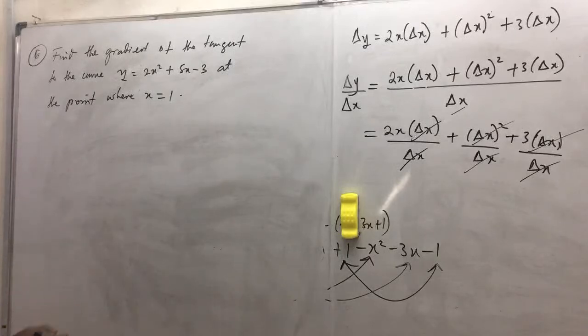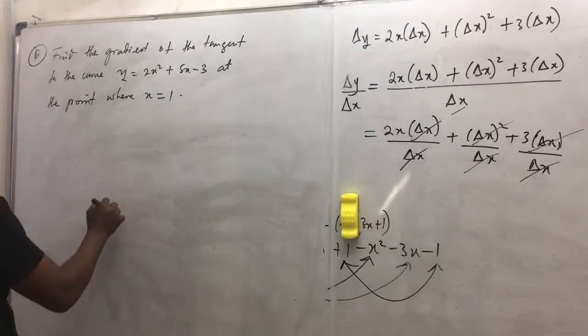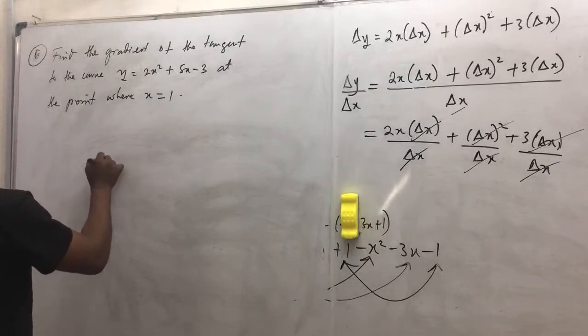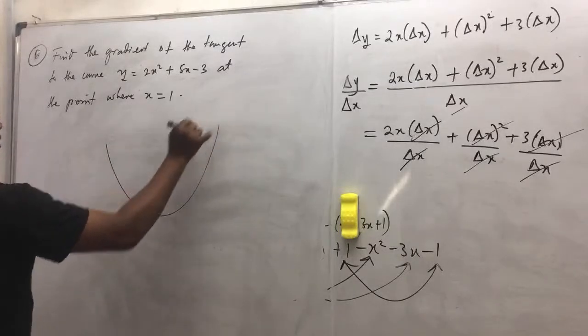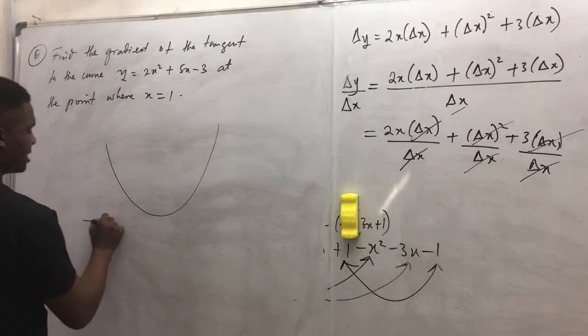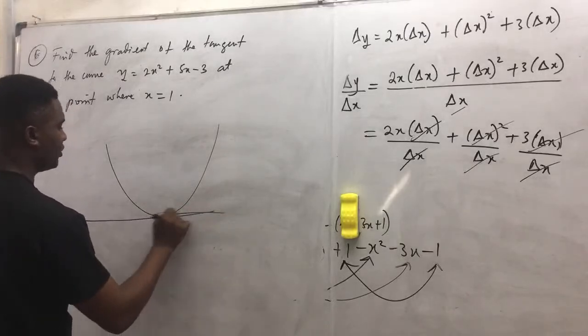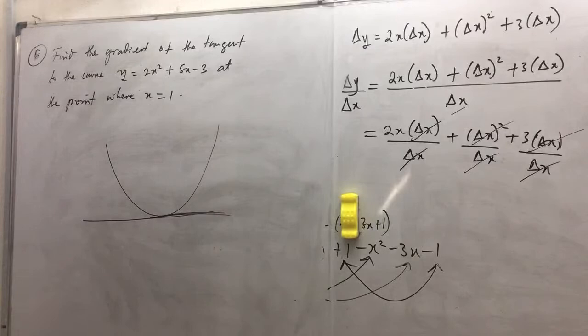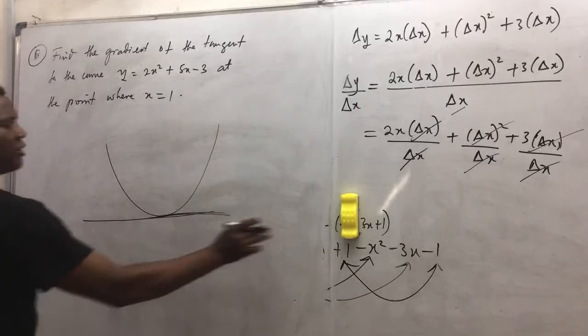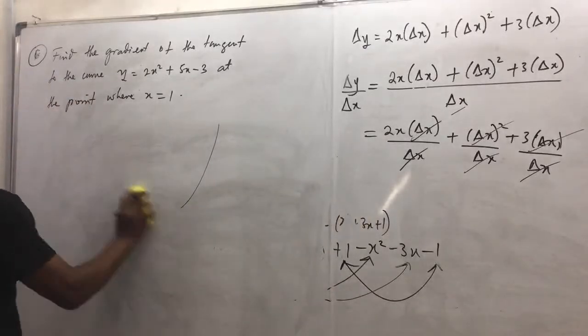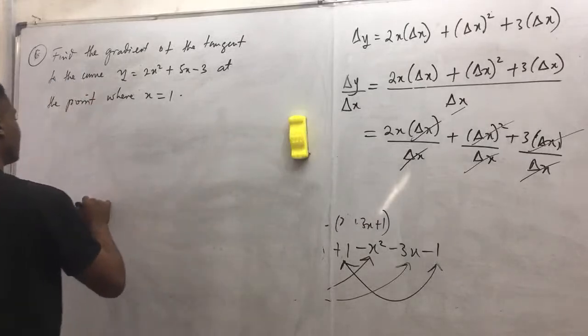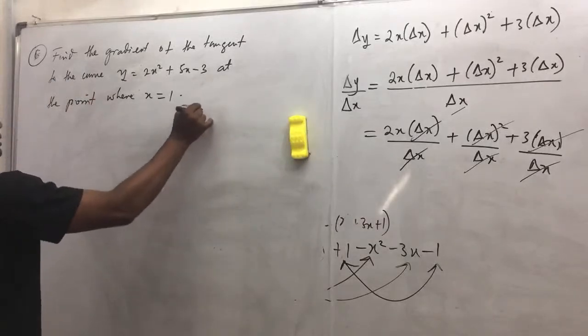So let's assume that this is actually a curve and this is a tangent to the curve. Let's assume we have a curve and this.